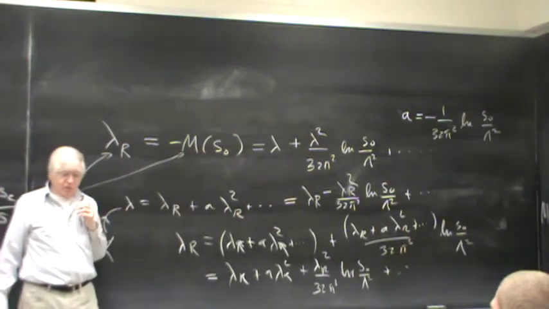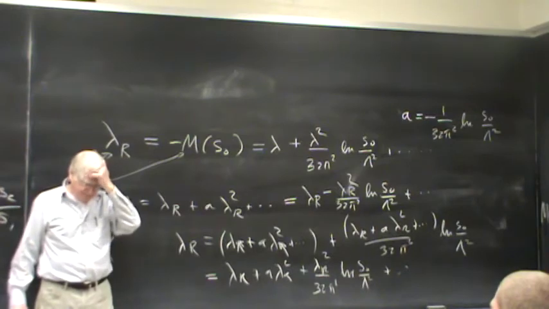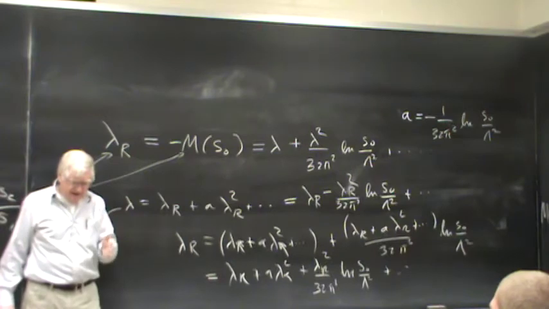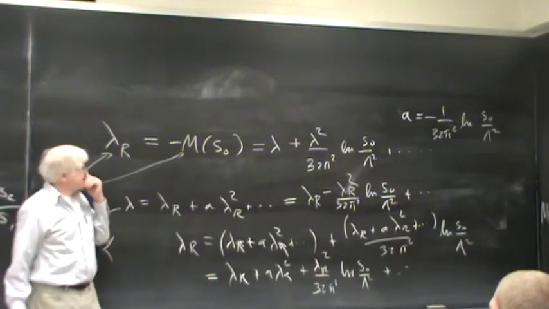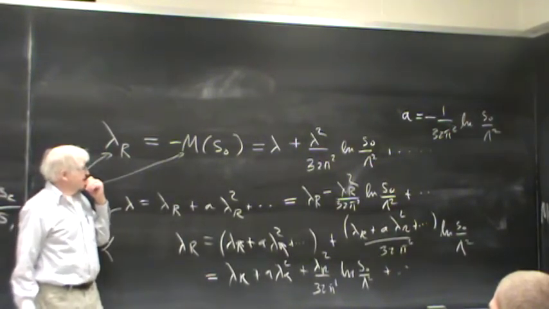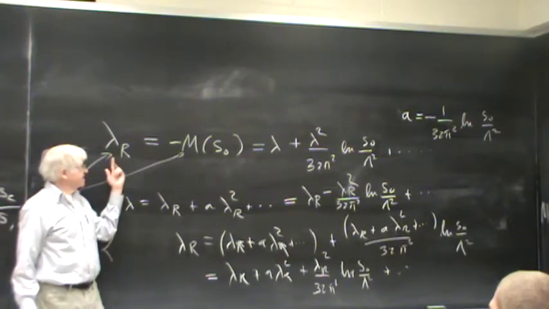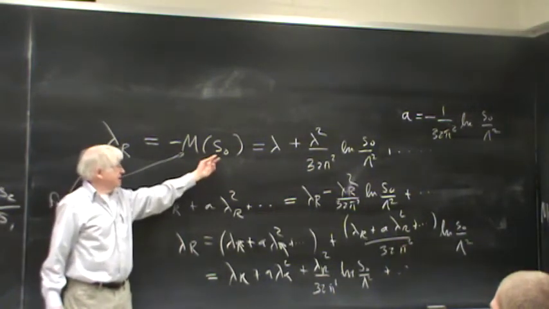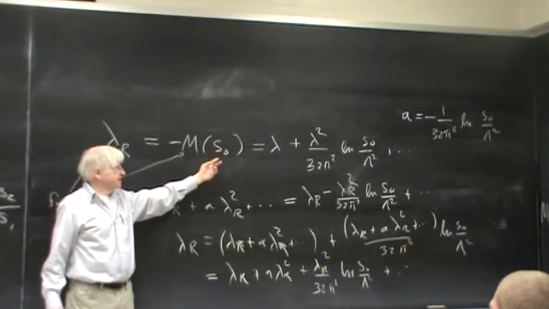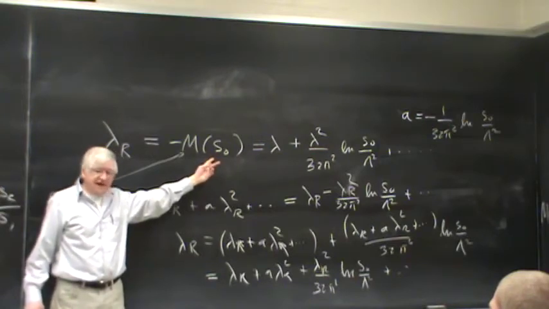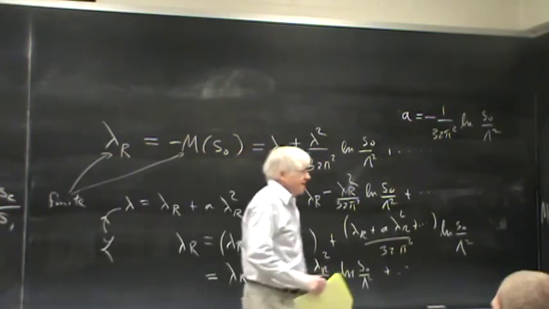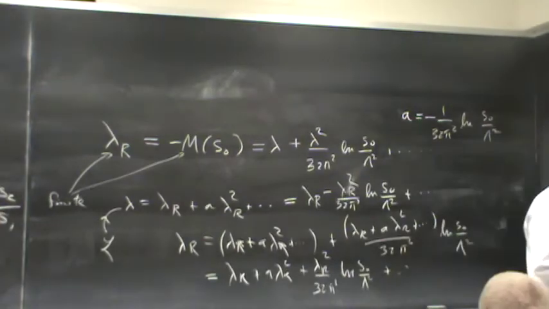But whatever it is, this running lambda is, if you let it run, the amplitude at s0 evolved to s. Okay.